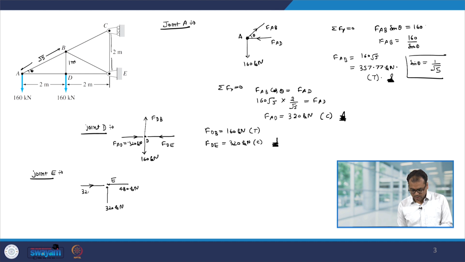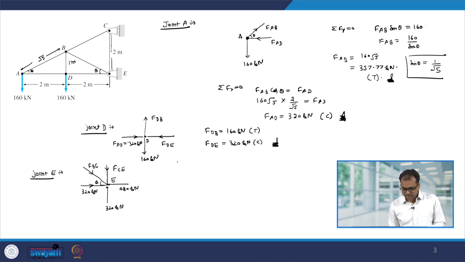So, this was 320 kilonewton DE force, and we have a force from C to E. So, let us call it FCE, and we have a force from BE. So, let me put it like this FBE. Let us say this angle is theta. So, therefore, I can find out what is the value of cos theta and sin theta, etc.